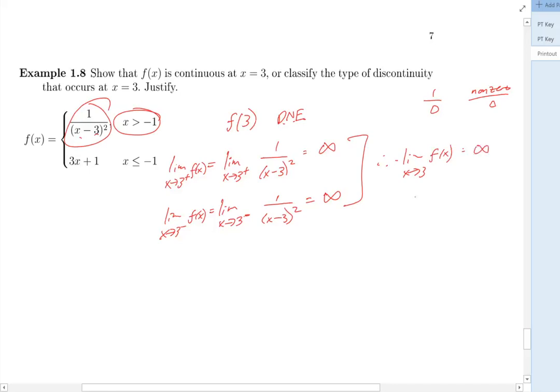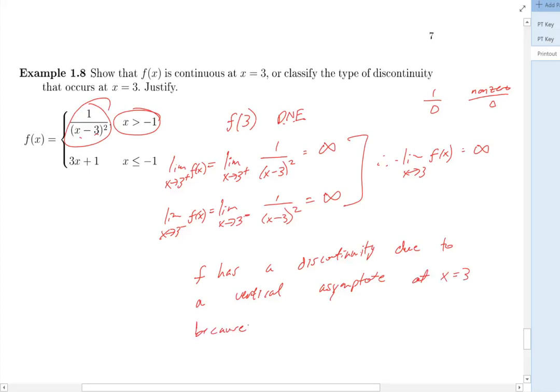Okay. All right. Now what I'm going to say is f has a discontinuity due to a vertical asymptote at x equals 3 because, okay, and then I could write these out, but I'm just going to write it in words.